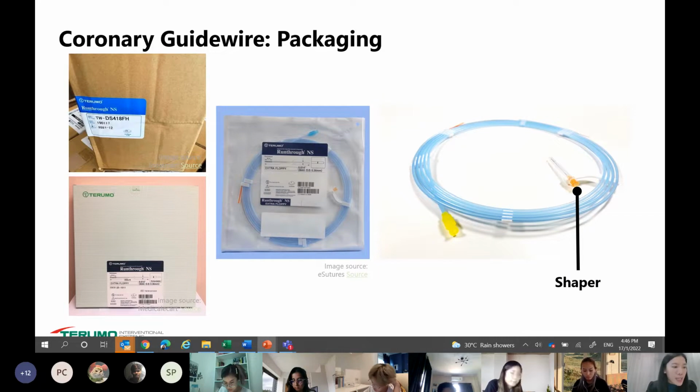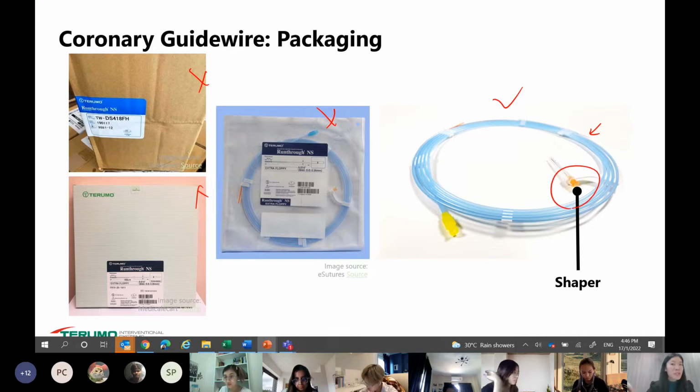For the packaging, the carton box and blister pouch are always not sterile. The content of this blister pouch is sterile and it usually contains the holder tube with wire. Here it's a bit hard to see the wire. The wire is here. And there's typically a shaper that comes with it. As I mentioned, the 014 guide wire is different from 035.